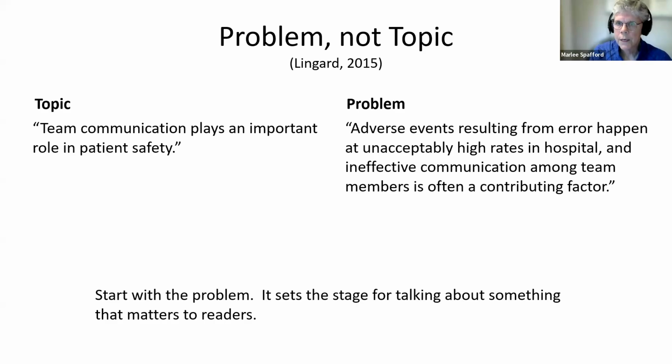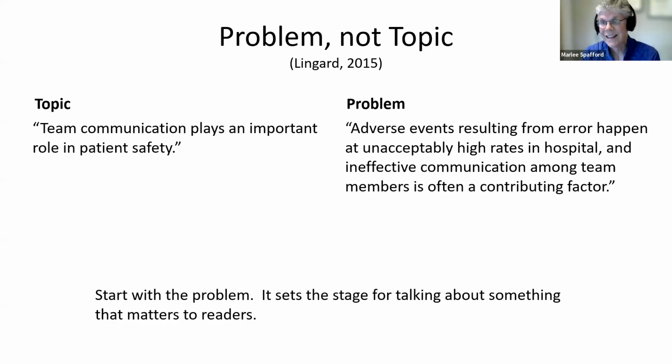But now look on the right side. What if we wrote it as a problem? And here the example is: adverse events resulting from error happen at unacceptably high rates in hospitals, and ineffective communication among team members is often a contributing factor. To me, that's a more compelling example. I have a much better idea of where this article is going to go.